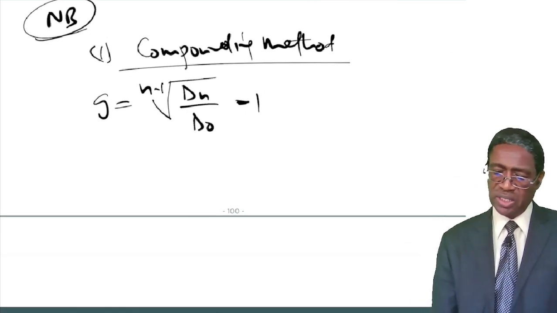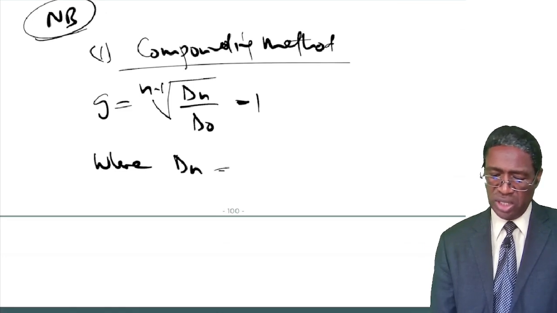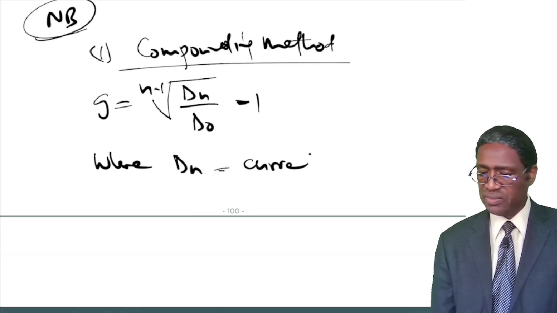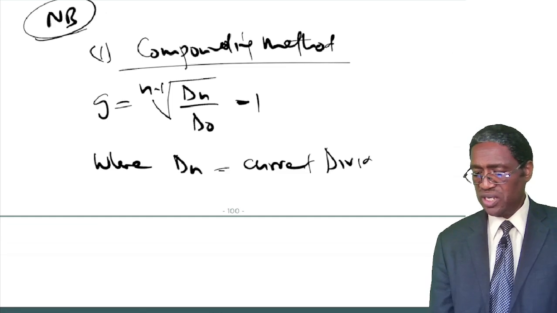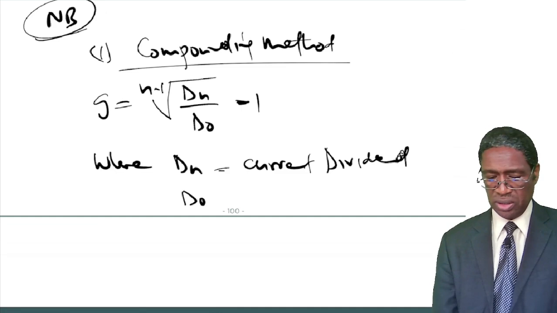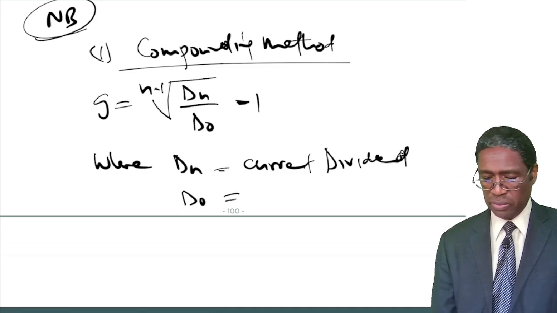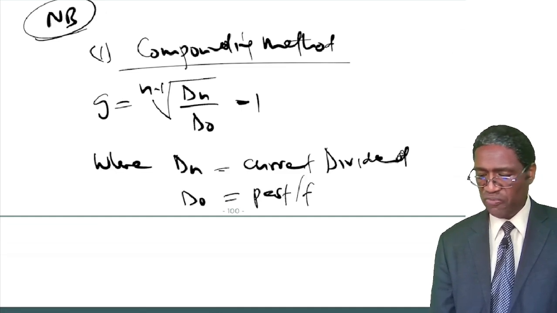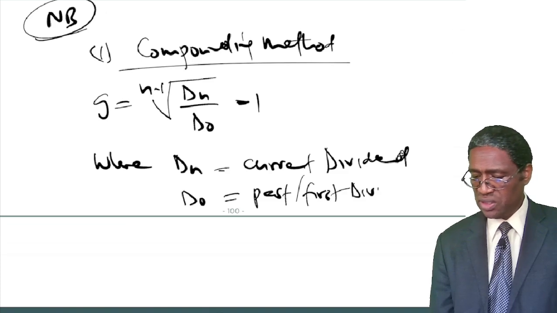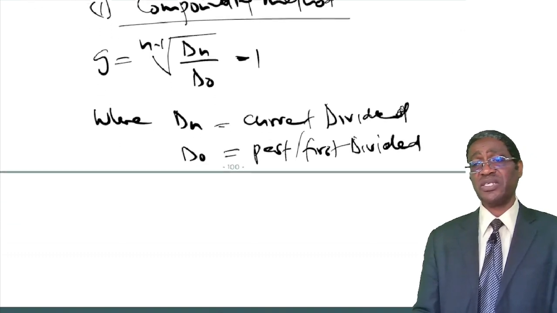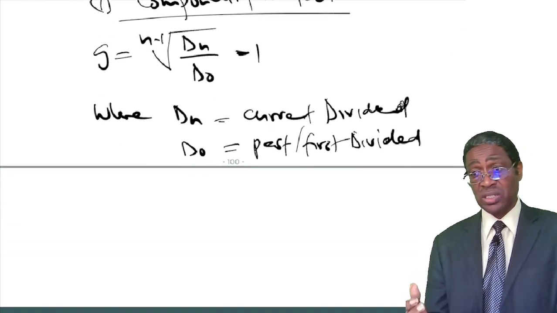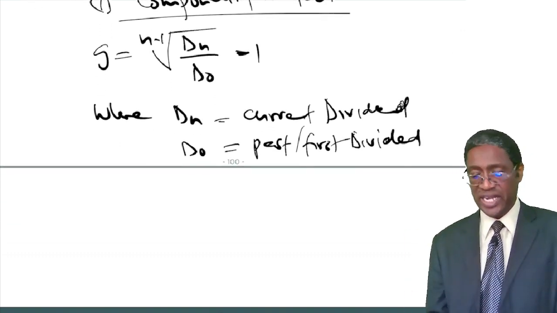Where Dn is the current dividend, and D naught is the past, first dividend. The D1 or Dn is the current, the latest.